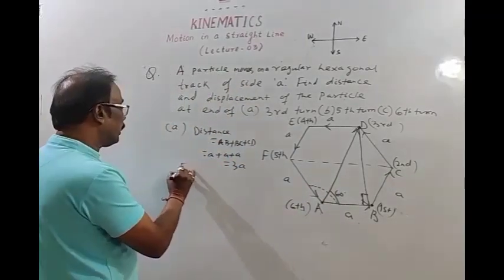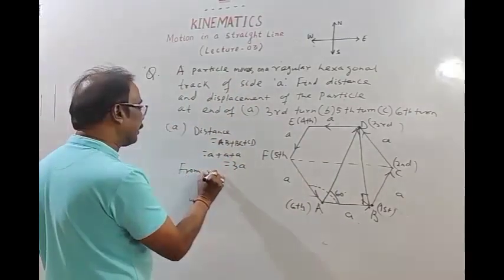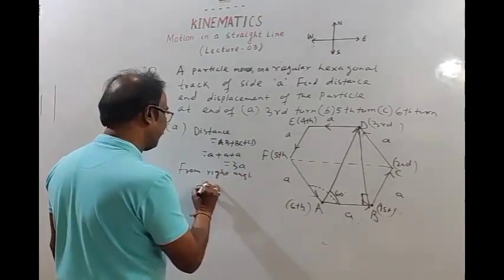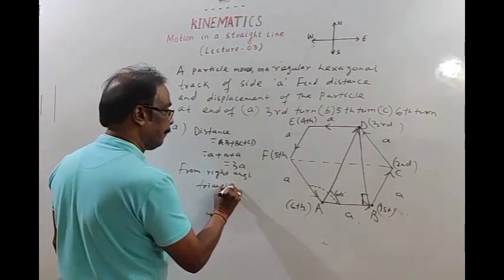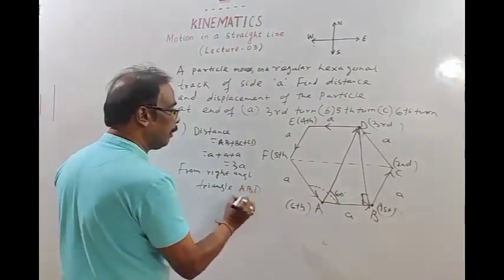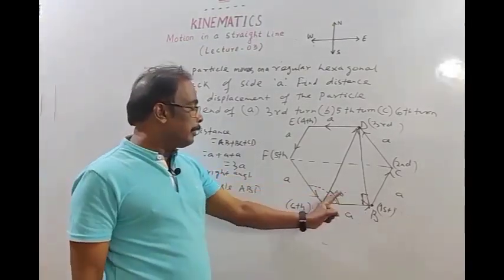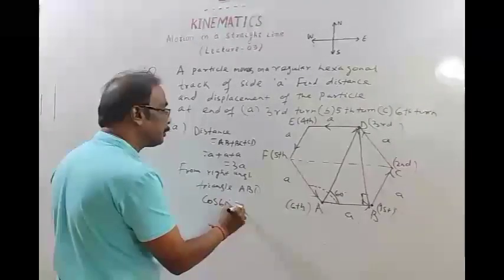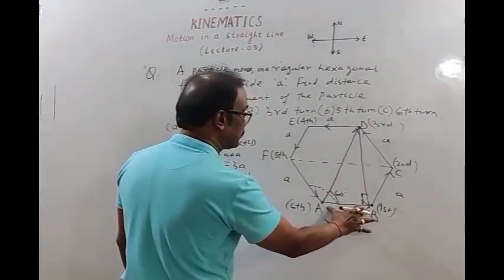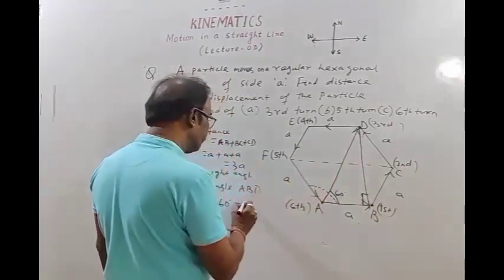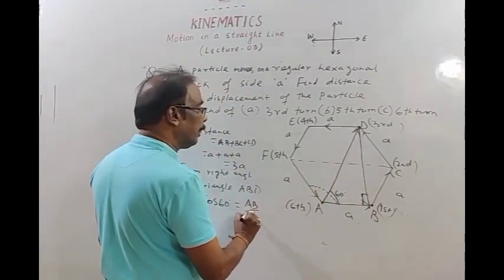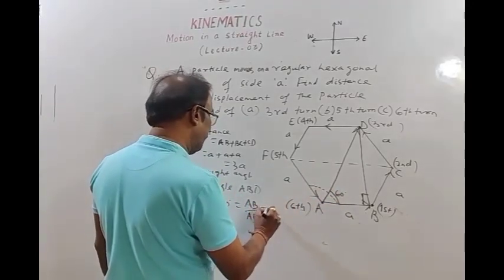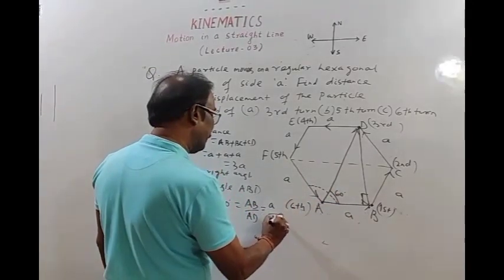Now, from the right angle triangle ABD, this angle is 90 degrees, this angle is 60 degrees. Then we may use cos theta, cos 60, which is base divided by hypotenuse, AB divided by AD.